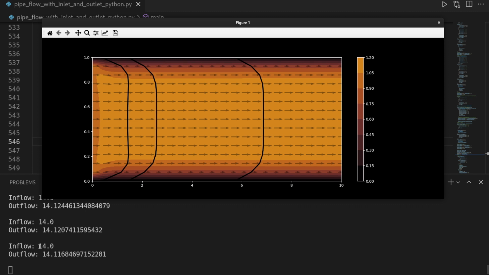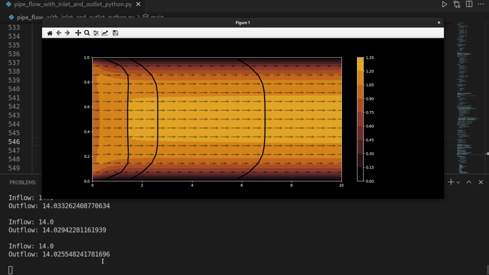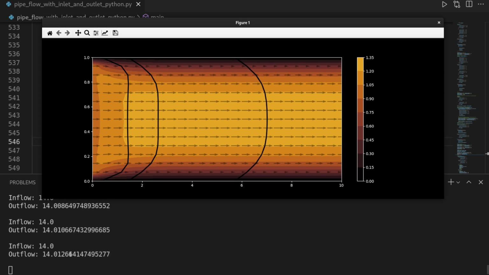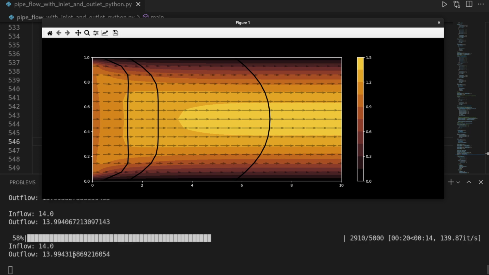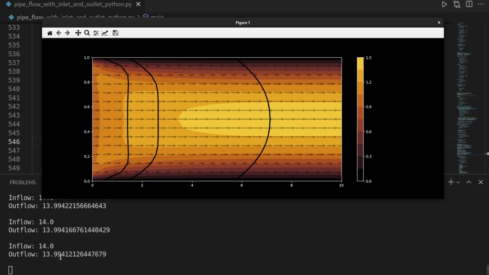And here you see the mass flow rate, or at least the approximation of it, is 14, whereas the outflow rate is not always 14. So it is trying to correct that a bit, but it's not yet where it should be. I mean, it's approaching that. That's super interesting. But it should conserve that theoretically at each step that we have here.